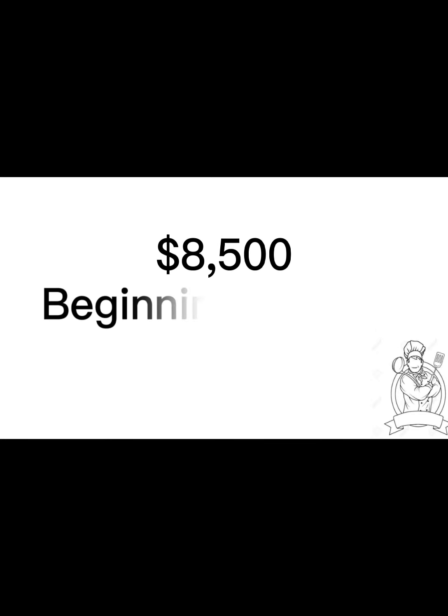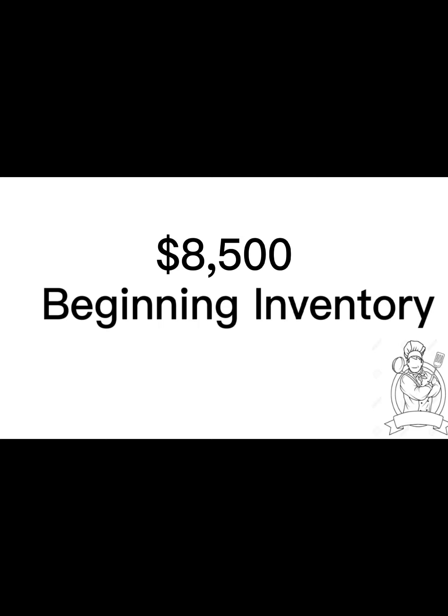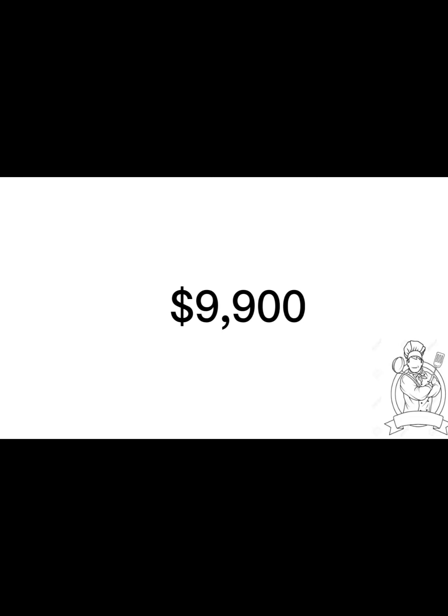Here's an example. You can see here that the inventory dollar amount for the end of October is $8,500. Remember, the end of October's inventory is the same as the 1st of November. At the end of November, you took your inventory and it was $9,900.